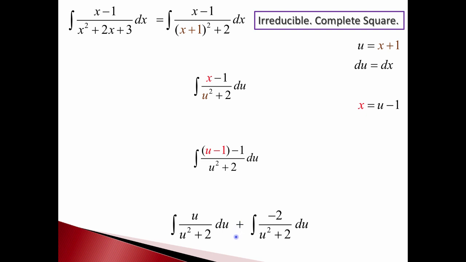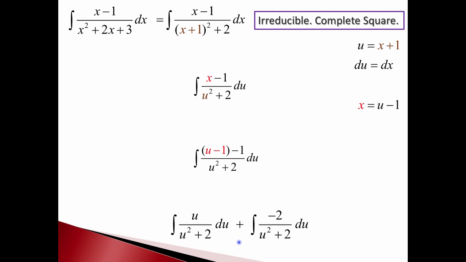And I do what I did before. To my u minus 2, I break that up into two separate integrals, a u over u squared plus 2 and a negative 2 over u squared plus 2. That's the right way to separate these out. We've un-common-denominated them as far as they'll go, and now each of these two pieces will be easy to integrate.